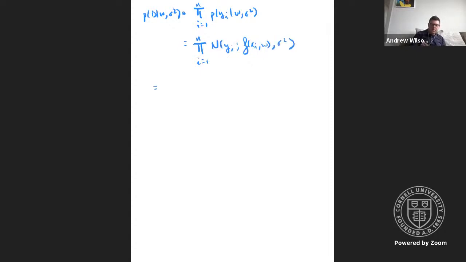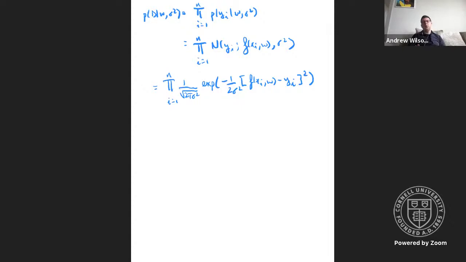And we can unpack that. So these are just Gaussian densities. So this is going to be the product from 1 to n of 1 over the square root of 2 pi sigma squared times exp of minus 1 over 2 sigma squared, f of x_i, w minus y_i, squared.